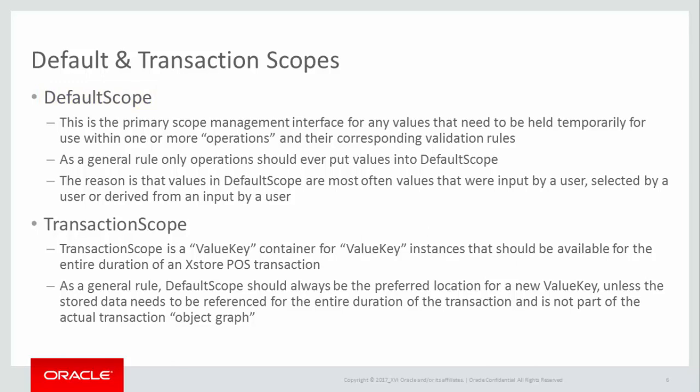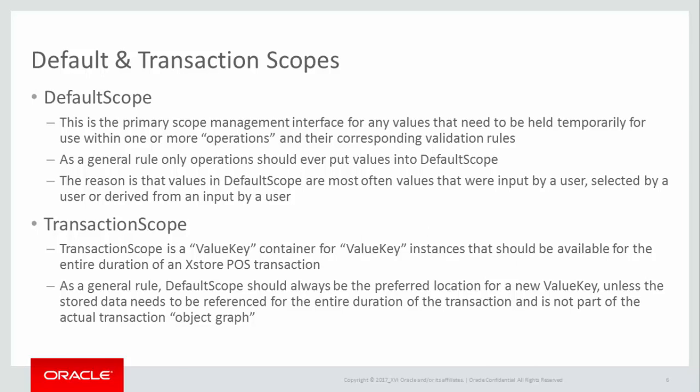As a general rule, only operations should ever put values into default scope. Default scope is generally holding data that was entered by the user or data that an operation, through some sort of data processing, came up with some value that needed to be retained for the rest of the scope. It could be the return value from a helper method or something along those lines. But really, it's only the operations that should be putting data into scope.